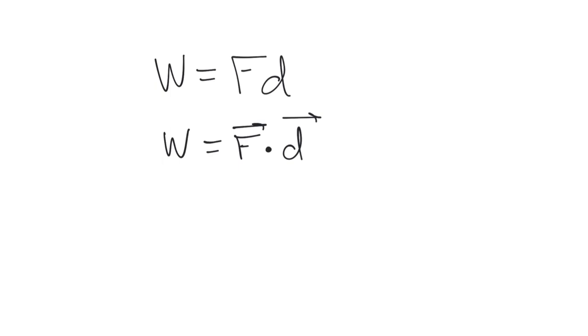If you're looking in the textbook, it defines that as S. F dot S means the same thing, but I'm going to keep using D for distance. Now this definition only works exactly correctly when your force is constant. This is the constant force definition. So it's kind of limited, but there are lots of constant force cases, so it is useful.